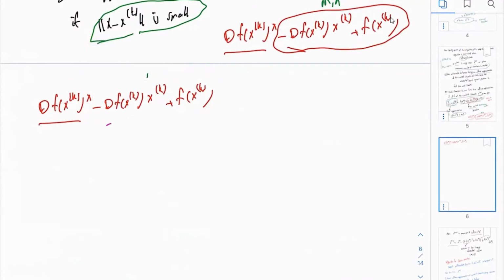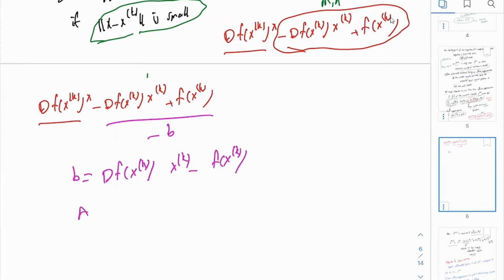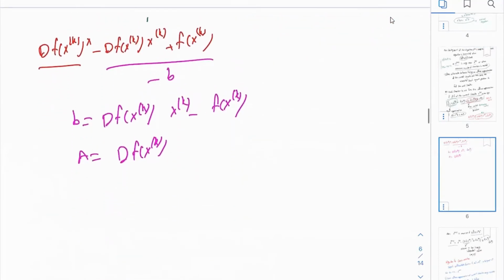So this quantity is nothing but negative b. So b is gonna be d f of x of k minus f of x of k, right? And a is d f of x of k. This is a. Yeah. All right. Very good. So all I want to do is write A transpose, so x k plus 1 is nothing but A transpose A inverse A transpose B. Let's do this one.